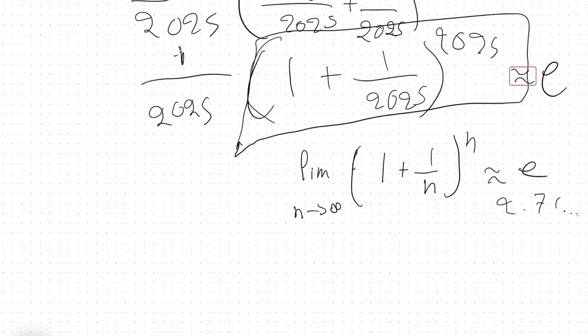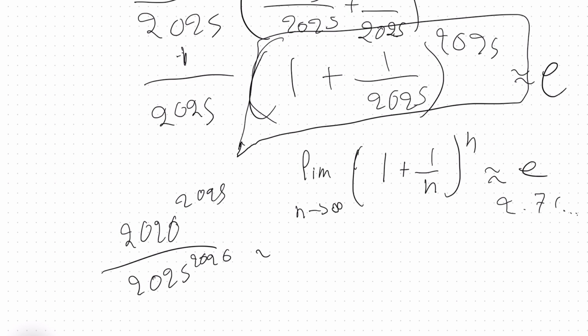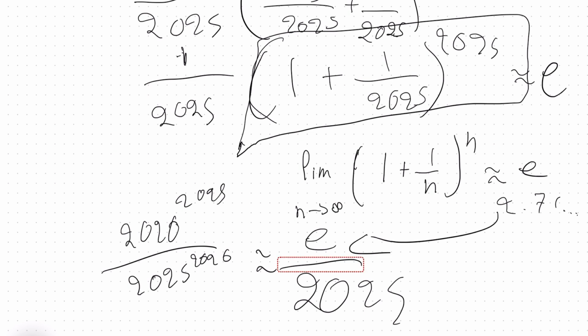So the whole expression, 2026 to the power of 2025 over 2025 to the power of 2026, is approximately equal to e over 2025. And e being approximately 2.71 divided by 2025 is much smaller than 1.